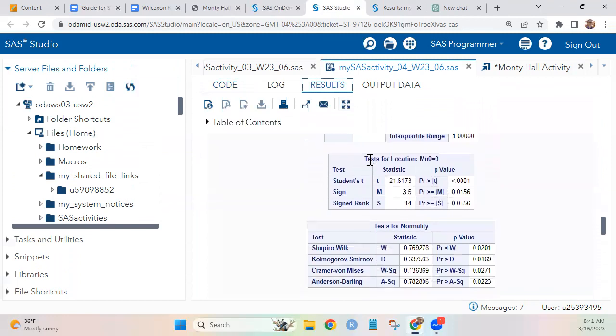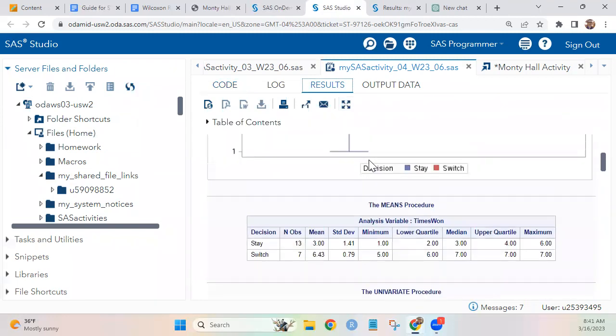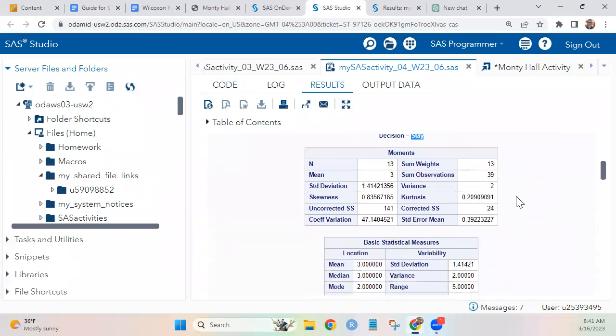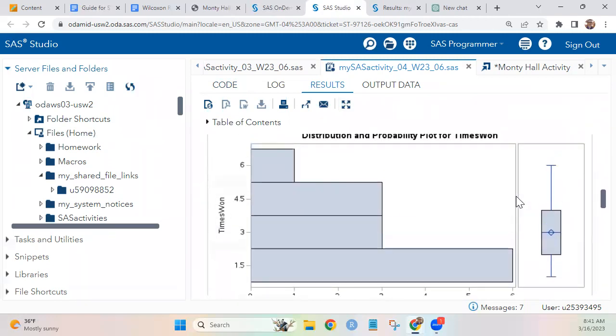So we get two sets of results because we have two groups, one for the stay and one for the switch. So looking at stay first. Okay. Here's the histogram. It's flipped horizontally. How is the histogram looking?